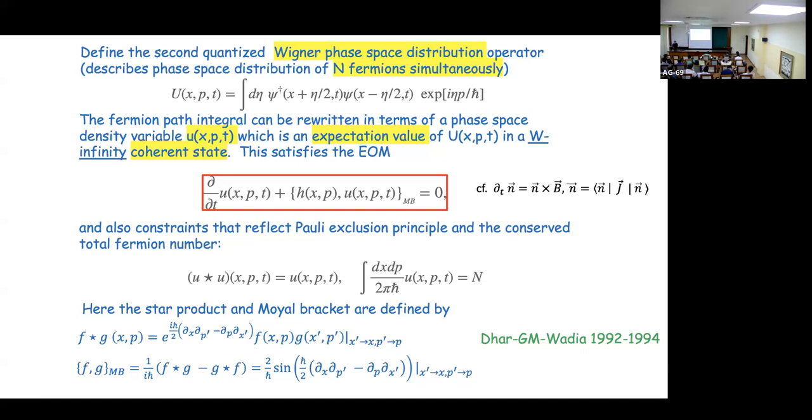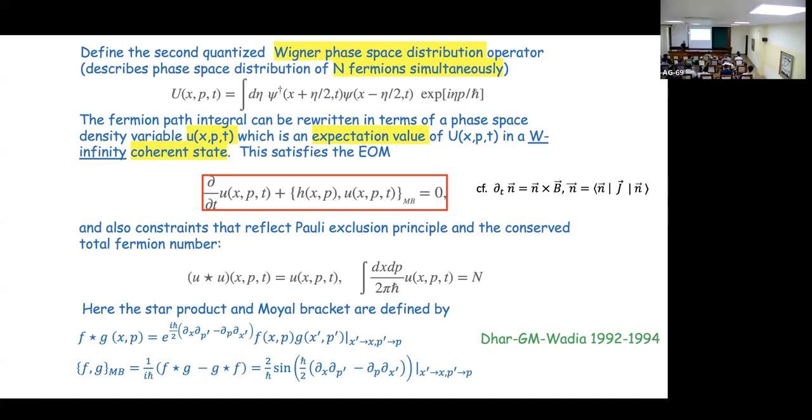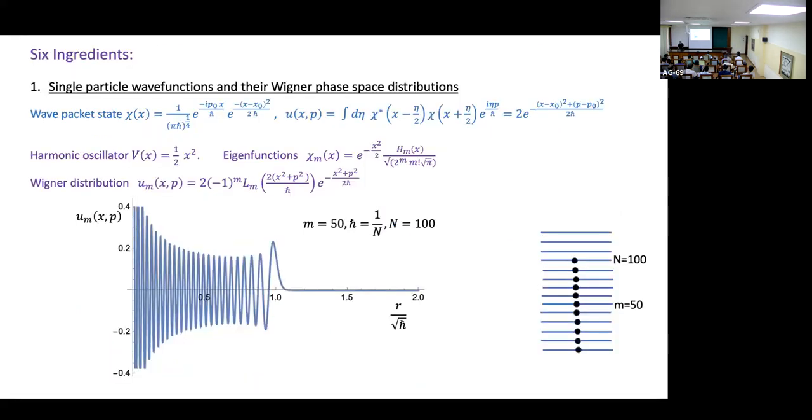So that's also correct. And for different shapes of potential, there'll be a different parameter, like this square root omega will be replaced by something else. That is correct. Okay, good.